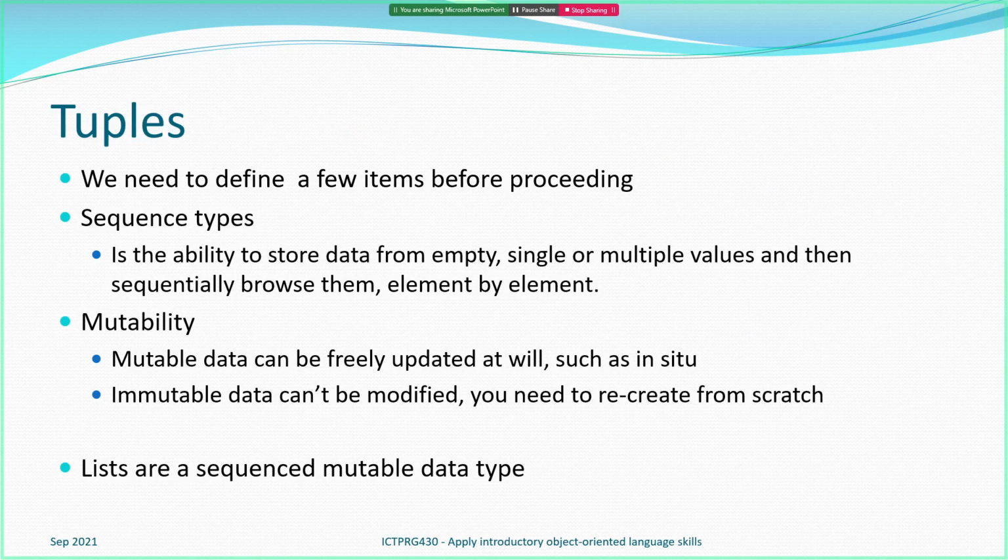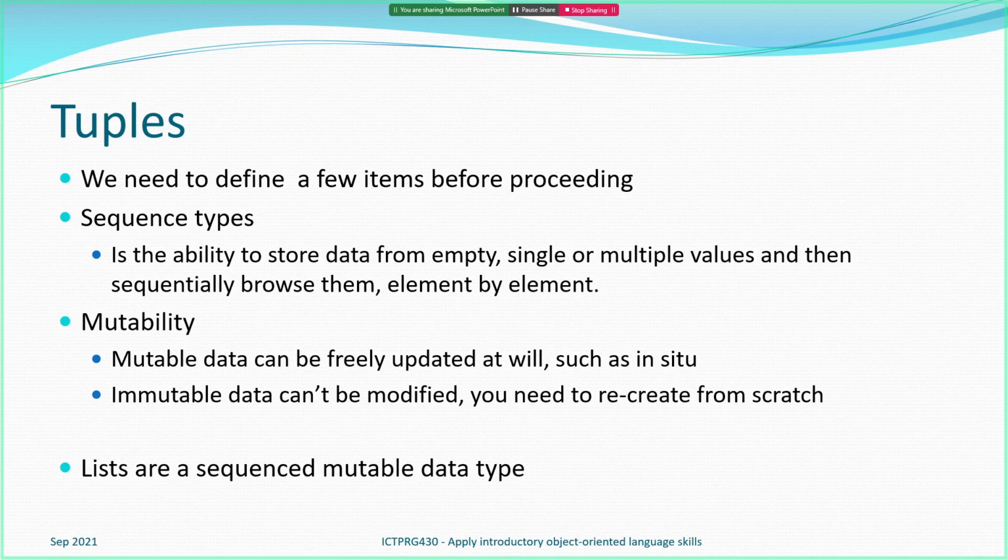So, tuples. Sequence types give us the ability to browse element by element. Mutability allows us to adapt things on the fly.